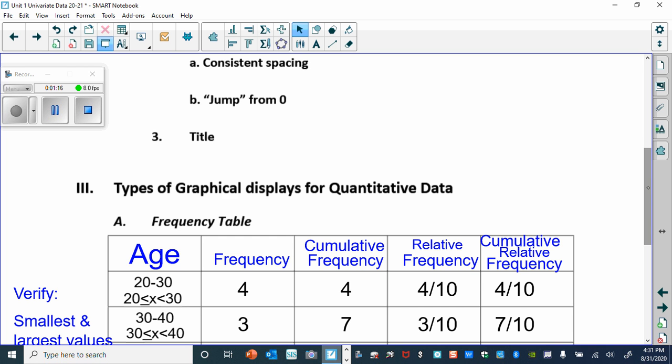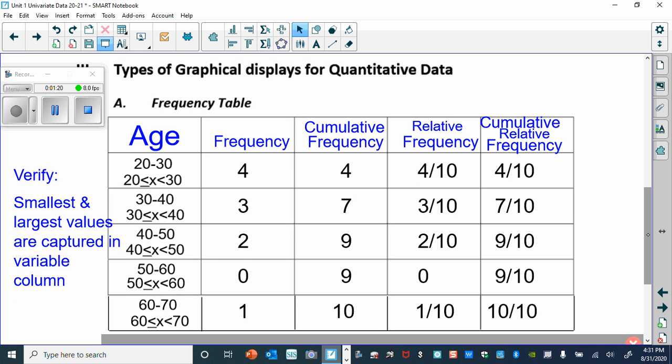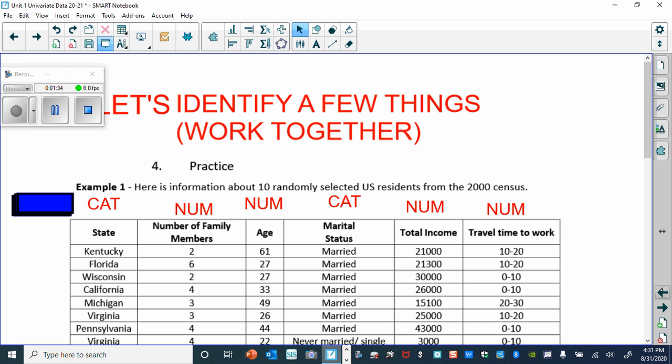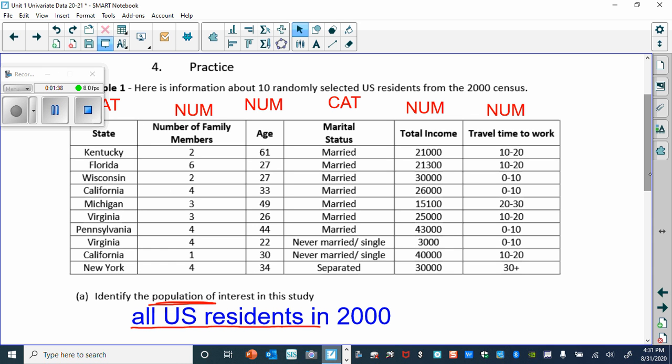Okay? So what we're going to do here, and so age, and we are going to group these, okay? And so usually when you're grouping something, again, this is numerical data, and the folks back in the data table, we're going to take a peek here. We look at these, and usually I'll look at what the largest value and what the smallest value are.